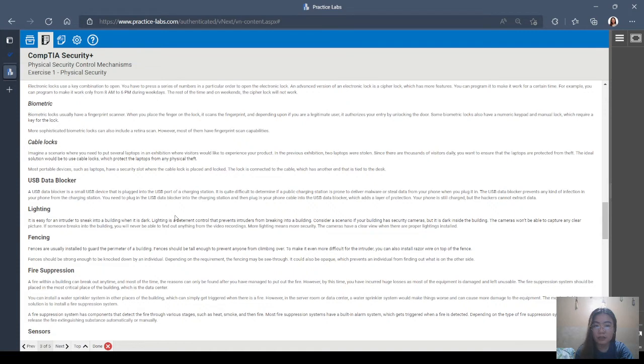The USB data blocker prevents any kind of infection in your phone from the charging station. You need to plug the USB data blocker into the charging station and then plug your phone cable into the USB data blocker, which adds a layer of protection. Your phone is still charged, but the hacker cannot extract data.